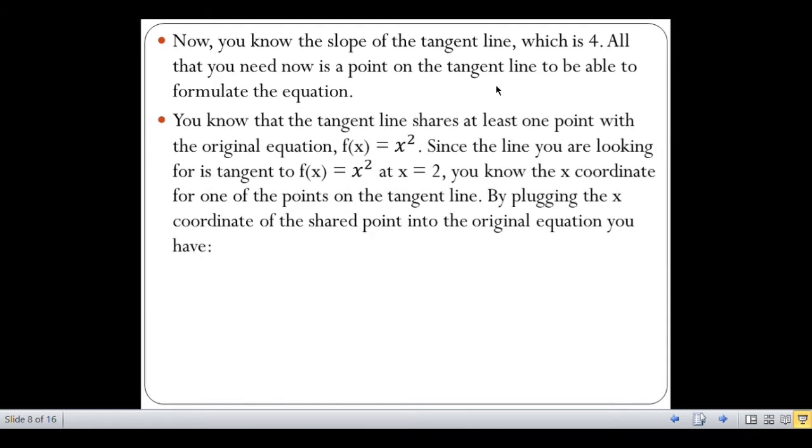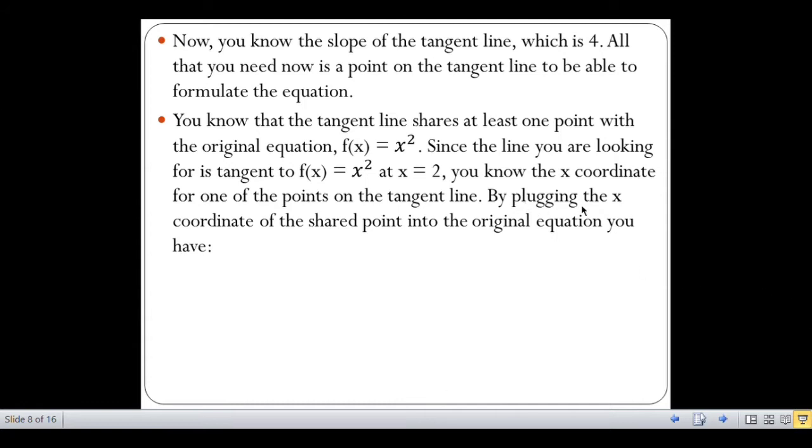So, paano? You know that the tangent line shares at least one point with the original equation. Ito yung original equation natin, f of x equals x squared. Since the line you are looking for is tangent to f of x equals x squared at x equals 2, you know the x coordinate for one of the points on the tangent line.